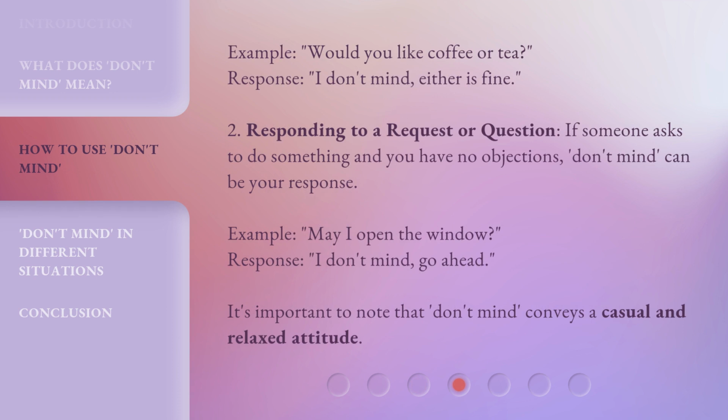Response, I don't mind, either is fine. 2. Responding to a request or question. If someone asks to do something and you have no objections, don't mind can be your response. Example, may I open the window? Response, I don't mind, go ahead. It's important to note that don't mind conveys a casual and relaxed attitude.